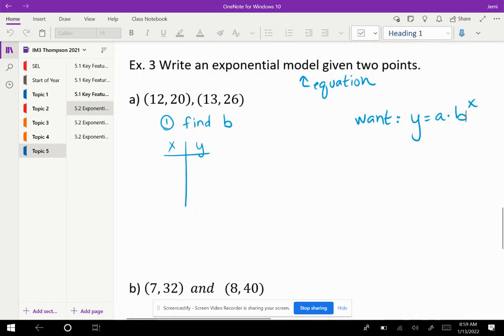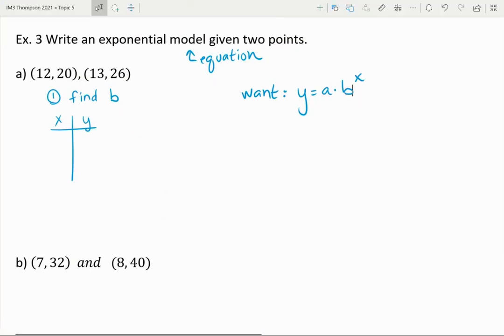So when I come back to what we're talking about now, I want to find that common ratio. Well, here, my values are (12, 20) and (13, 26). The x values are sequential, which makes life easier. I want to know what my common ratio is.